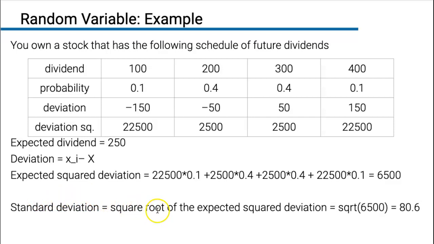The square root is going to be approximately 81, and you can think of it as the average distance between the expected dividend, the mean value of the random variable, that is 250, and the realization of the random variable. So if that expected distance is low, that means that the actual realizations of the random variable will fall close to the expected value of the random variable. If that standard deviation is getting larger, that means that the actual realizations are going to be falling far apart from the mean value of the random variable.